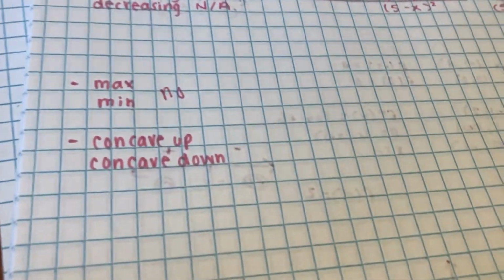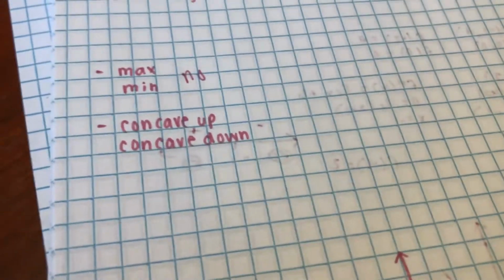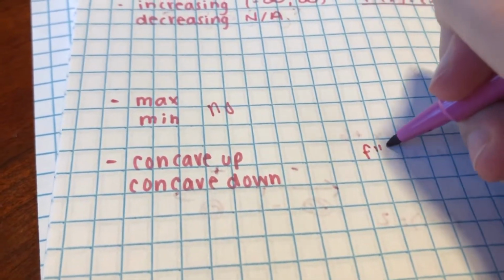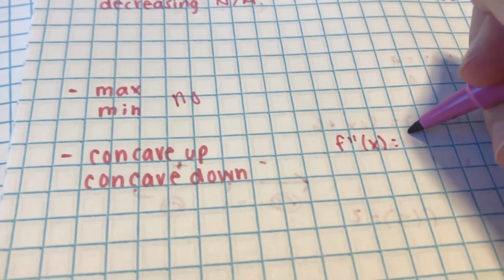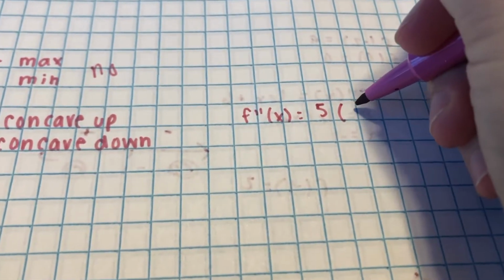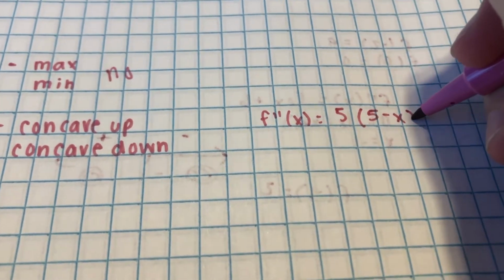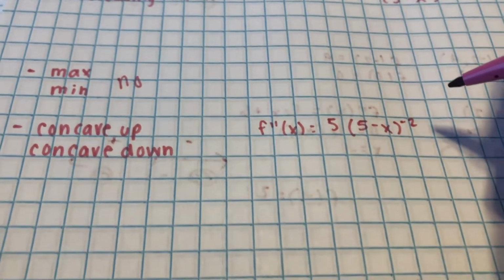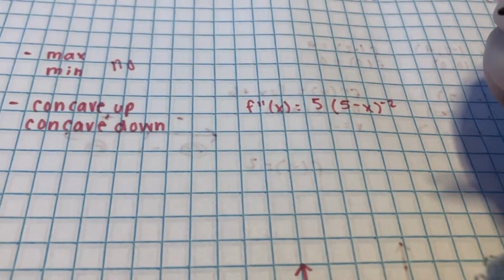And then concave up and concave down. We're going to do the second derivative test. So f double prime of x equals 5 times the quantity (5 minus x) to the -2nd. Since it was on the bottom, we bring it up to the top, and then the exponent becomes negative.